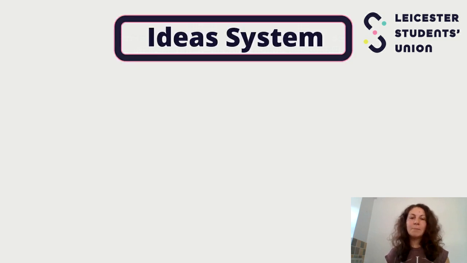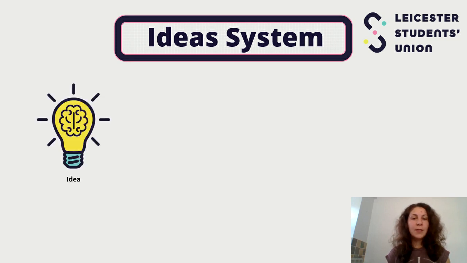But if you do feel that you would like to make your voice heard but not commit to the role, then you have the possibility of using our idea system. Here students can propose an idea that will be shared with the wider student community.